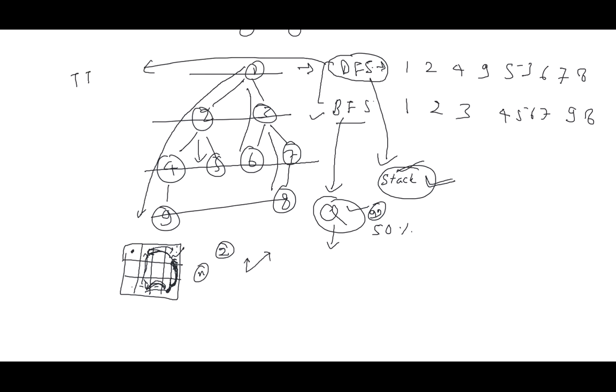So for every possible way, you can solve a problem using this DFS and BFS. How we can go like this, what are the possibilities of the king, what are the possibilities of the queen, and all other pieces of this chess.